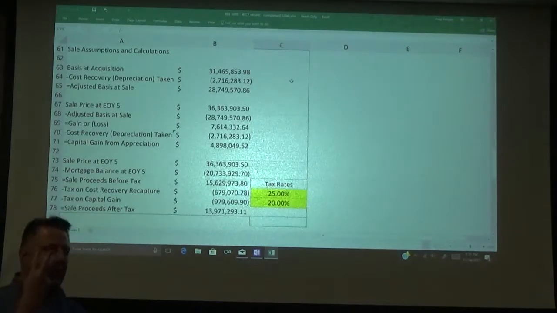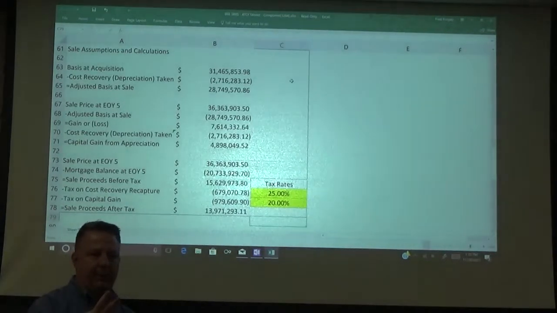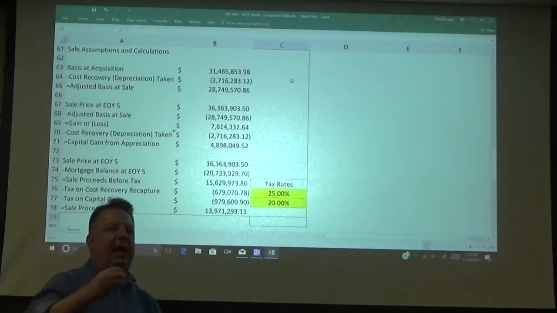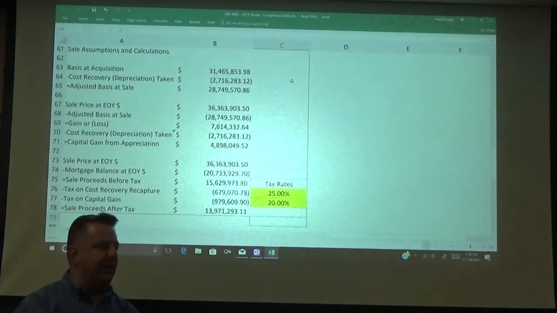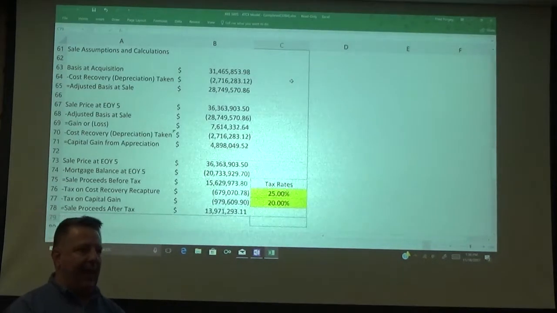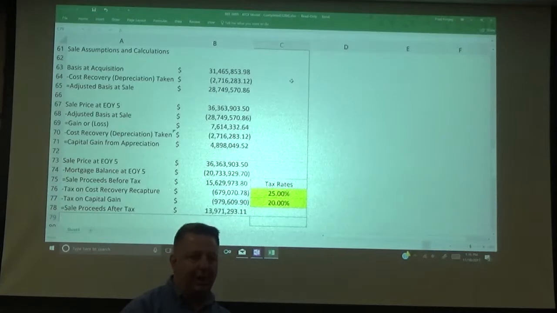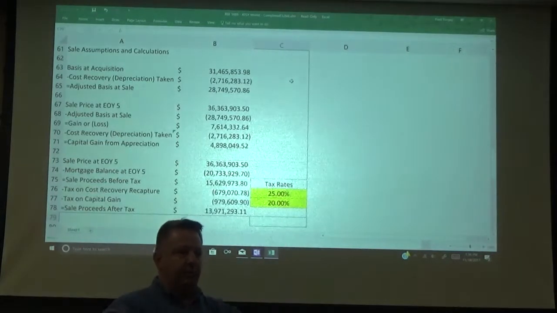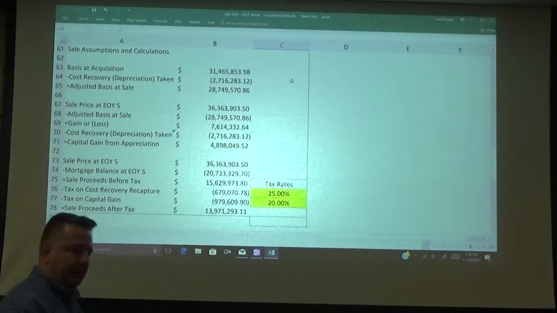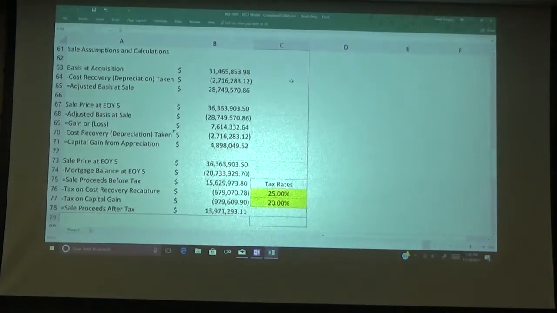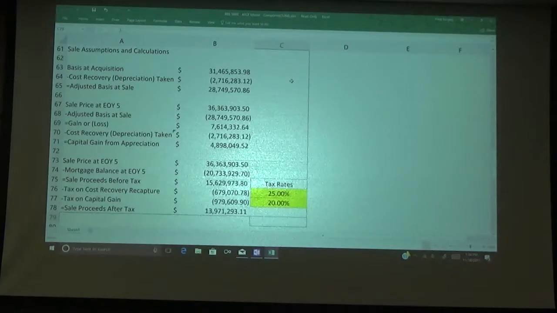So you've literally got 3 different tax rates as it relates to different types of income that the property is generating over its life. It begins to make your head spin, and then, once again, as tax law gets changed, all that blows up, and you've got to figure out what the new tax law is doing and how that's going to impact you, and then how to maneuver your own ownership structure to reflect that to your best advantage.